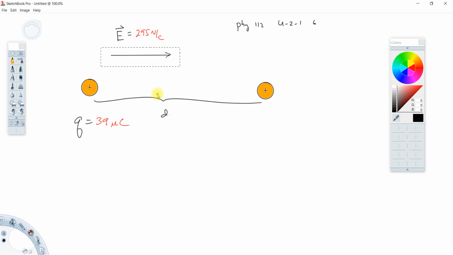So I'm going to deliberately make it a different length here, and maybe I'll send them an email about that. The length of this vector represents the 295 newtons per coulomb that I have right here, and the length of the distance represents whatever this distance is. They're entirely different quantities. It doesn't even make sense to compare them.